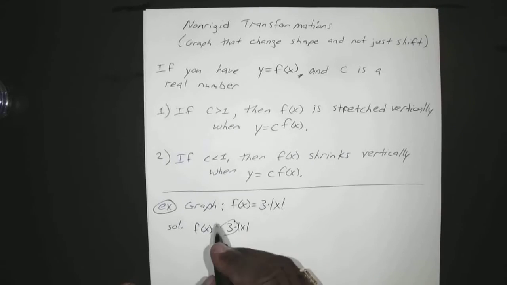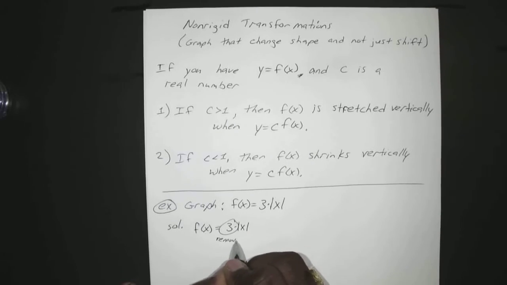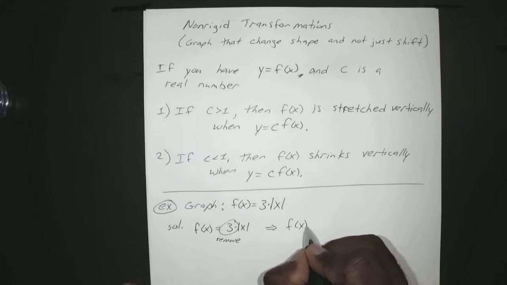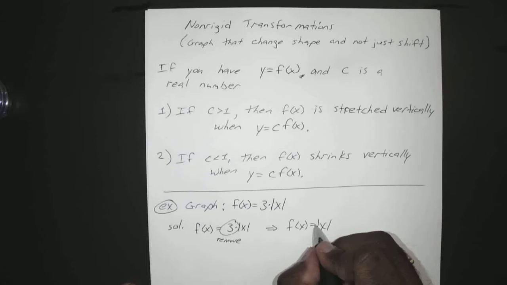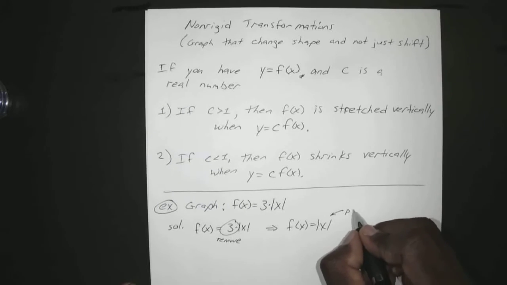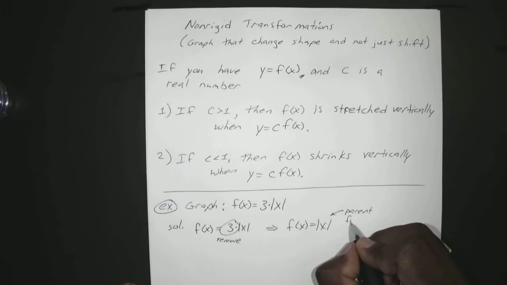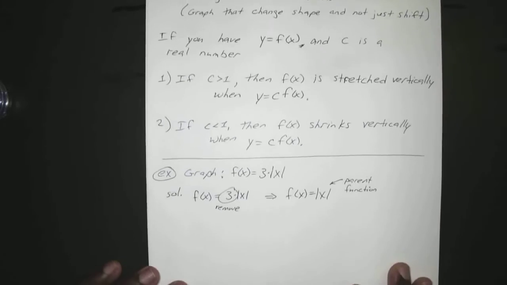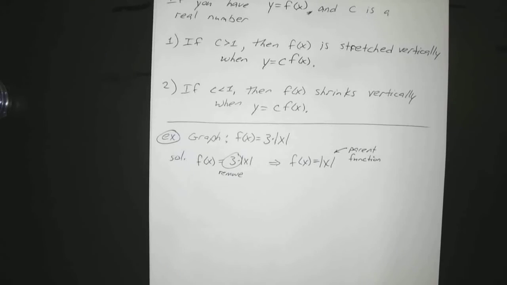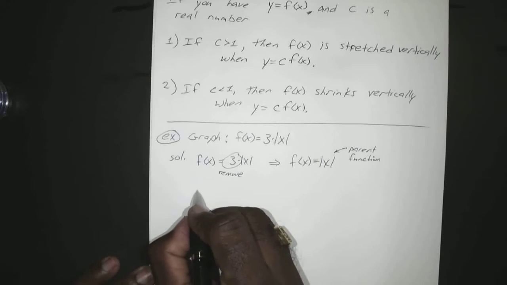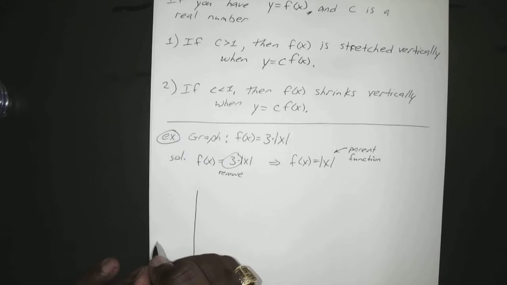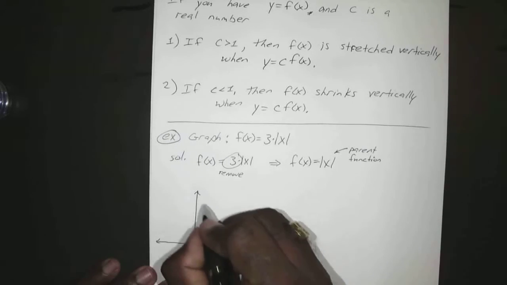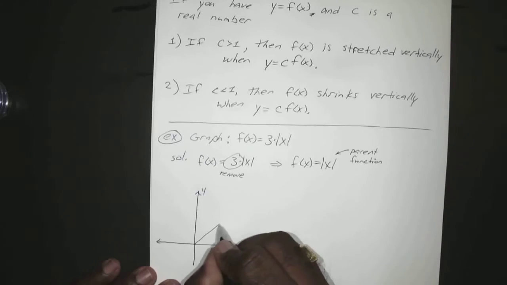You're going to remove anything that's not an exponent. That gives you f of x equals absolute value of x as your parent function. So we're going to draw our f of x equals absolute value of x.